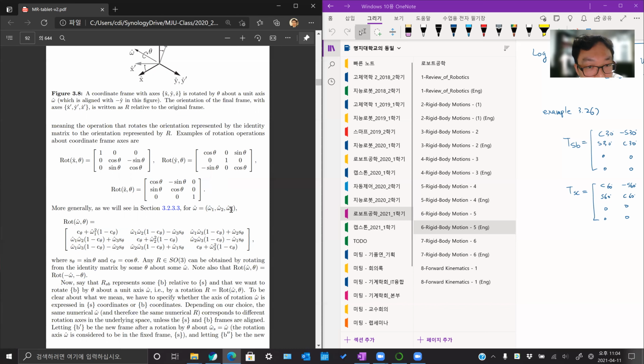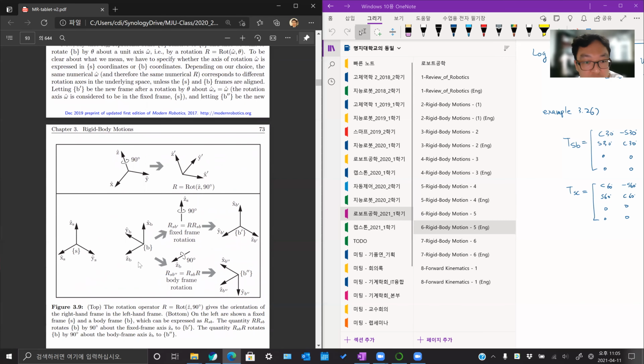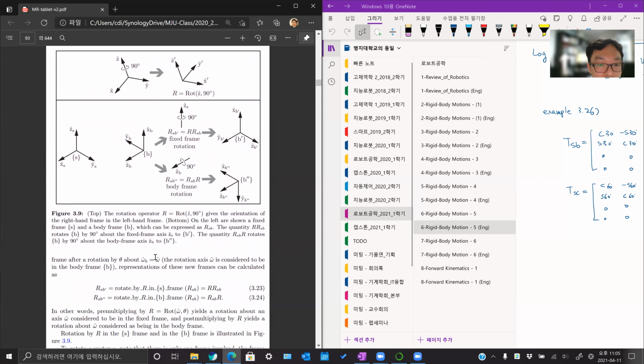So because the size of a unit vector is equal 1, actually there is 2 independent value in this angular velocity vector, and one more independent value is theta. So it becomes 3 value. So in the rotation matrix, the independent value is always 3.